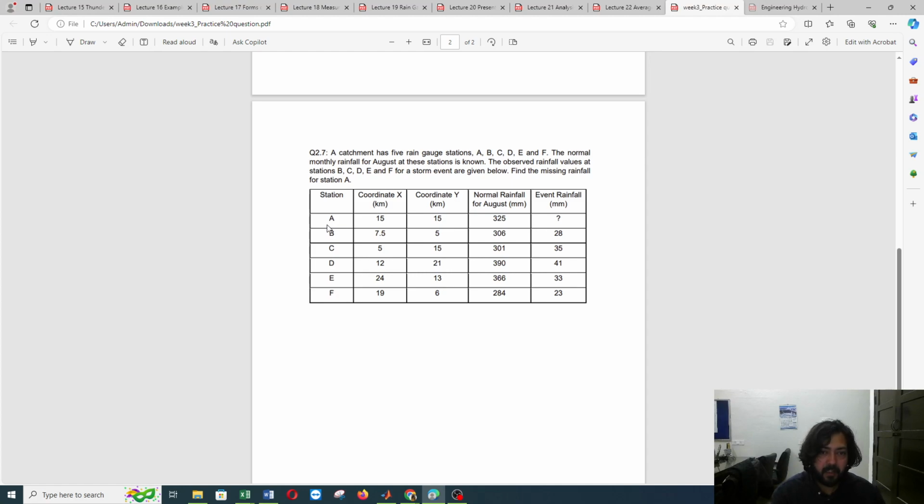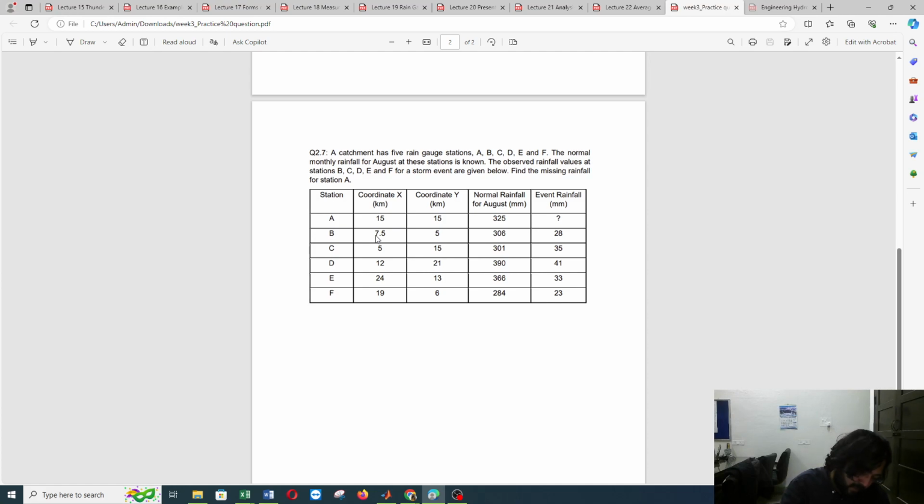We take A as the reference. We calculate the difference between the x coordinate of A and the x coordinate of B and square it: 15 minus 7.5 whole square, which is XI square, plus similarly the difference between the y coordinates of A and B, 15 minus 5 whole square. This gives us dB square, which is 156.25 kilometer square.